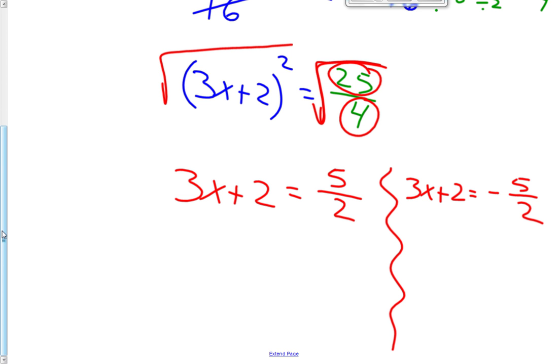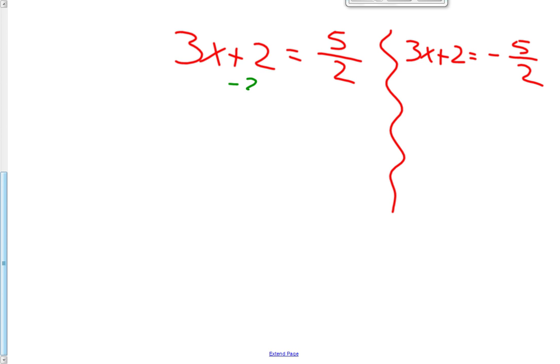Now you're going to solve both of these for x. We'll subtract 2, and if you subtract 2, that's the same thing as subtracting 4 halves. Does that make sense, everybody? If you subtract 2, 4 divided by 2 is 2, so it's just like subtracting 4 halves. So then we would have 3x equals 5 halves minus 4 halves is 1 half.